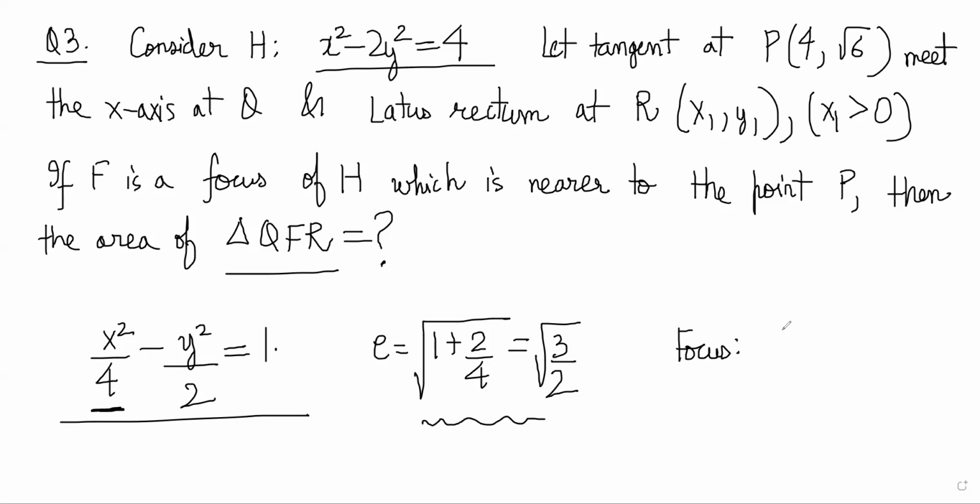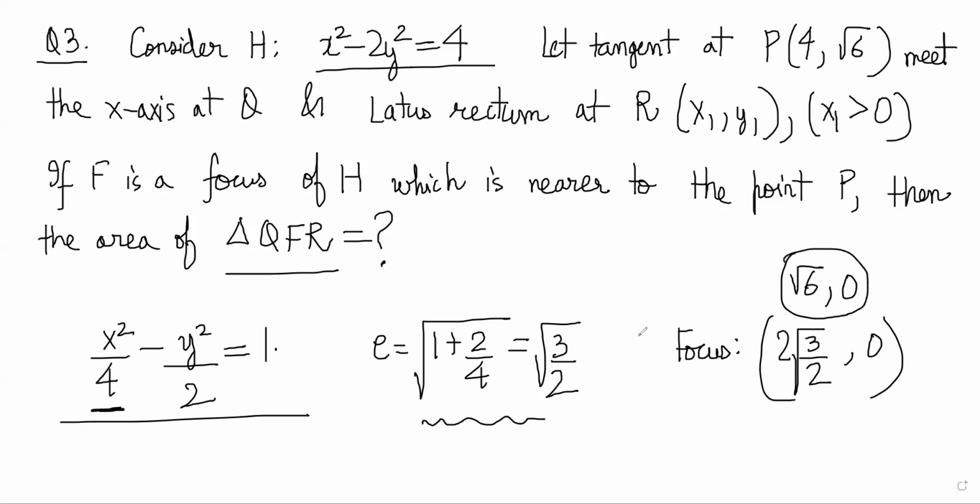So one focus would be at 2 root over 3 by 2 comma 0, which is root 6 comma 0. This is the coordinate of one of the foci, right?